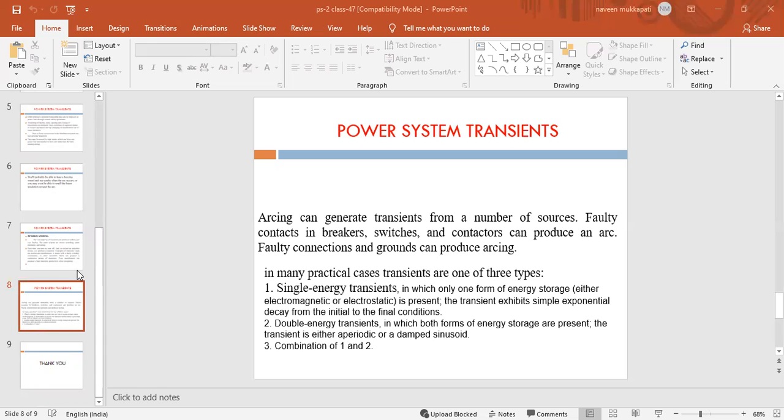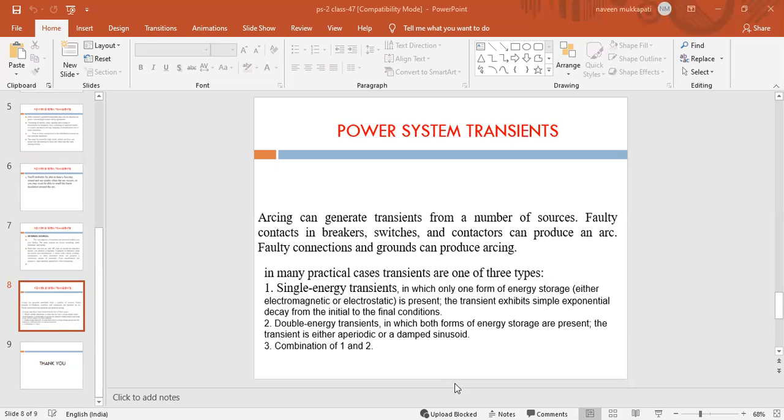These are the causes and the different types of transients that are produced in the power system or the transmission systems.